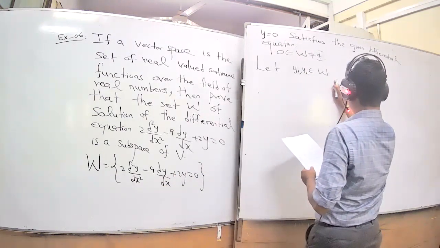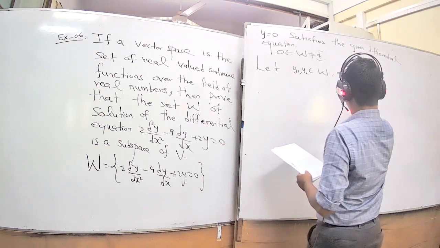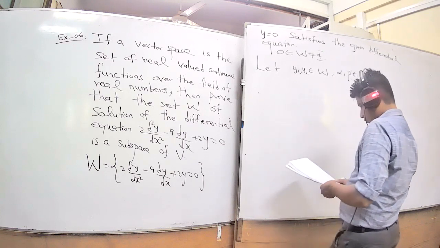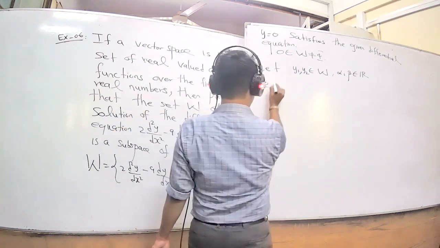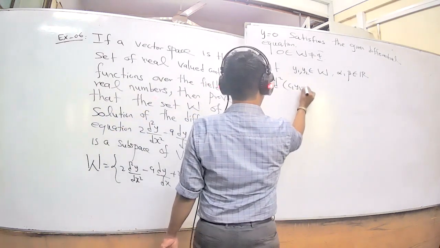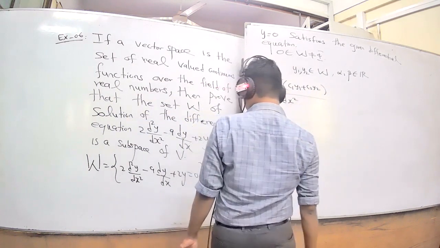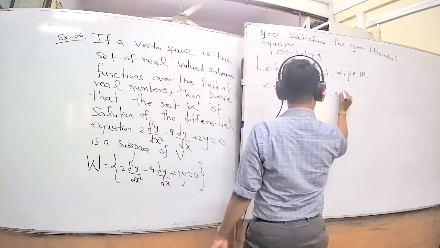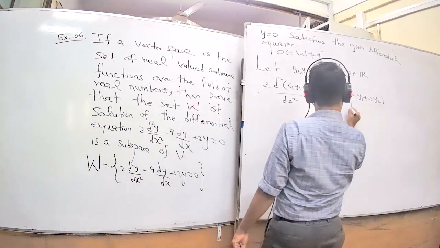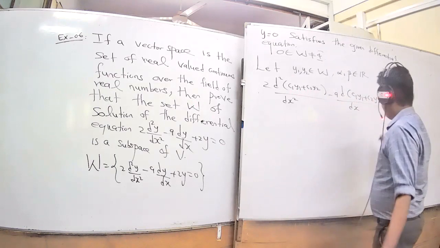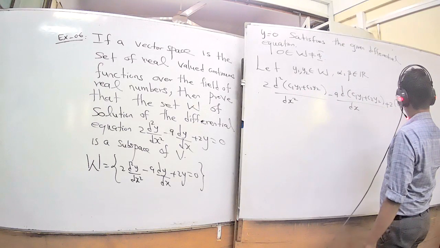Take two scalars c1, c2 in the real numbers. Then take 2 d squared (c1 y1 plus c2 y2) over dx squared minus 9 d (c1 y1 plus c2 y2) over dx plus 2 times (c1 y1 plus c2 y2).